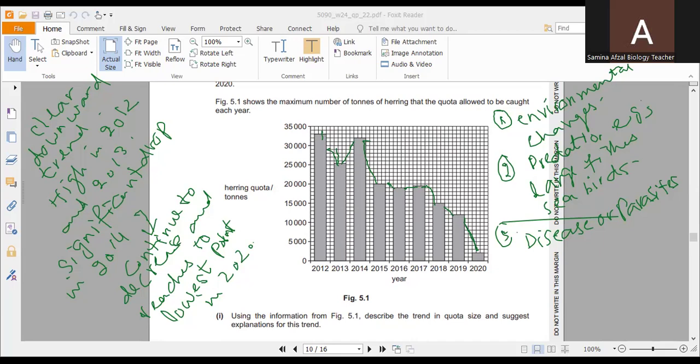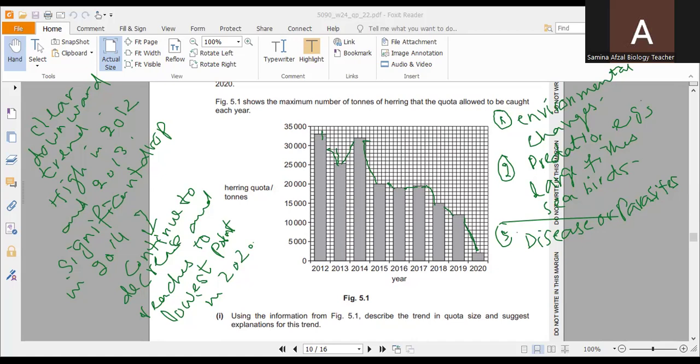Herrings are an important part of the food web, and their decline could have knock-on effects on other species. Reducing fishing pressure on herring could be aimed at protecting the overall health of the marine ecosystem. A combination of these factors, rather than a single cause, contributed to the observed downward trend.